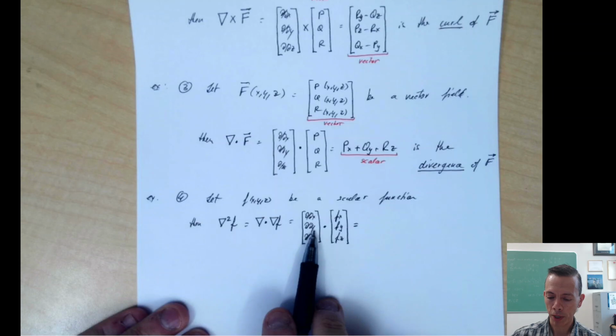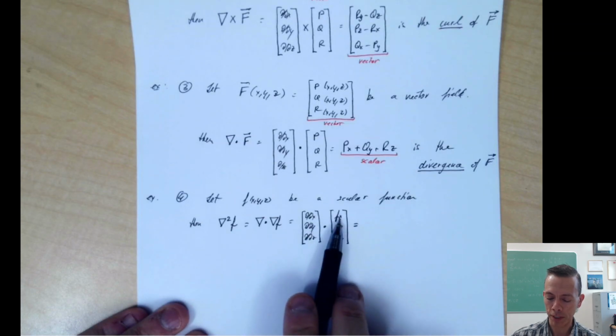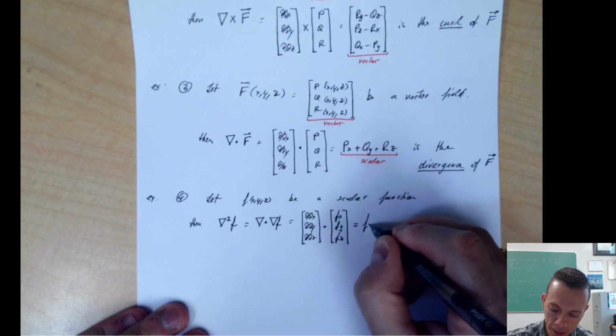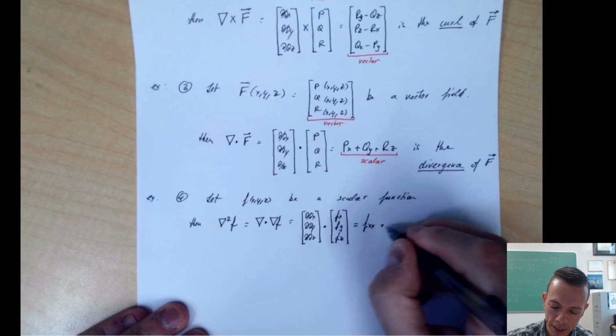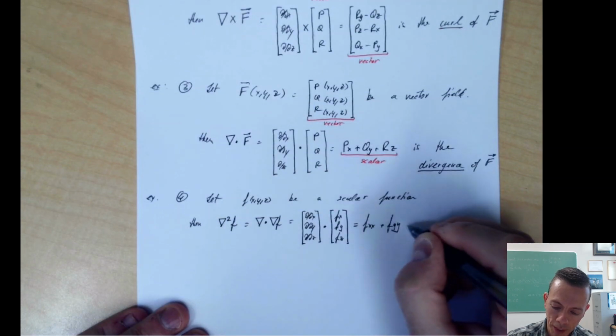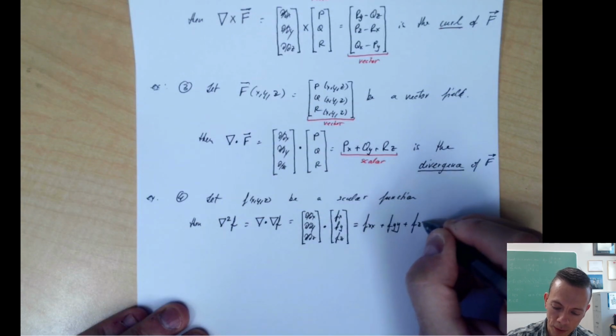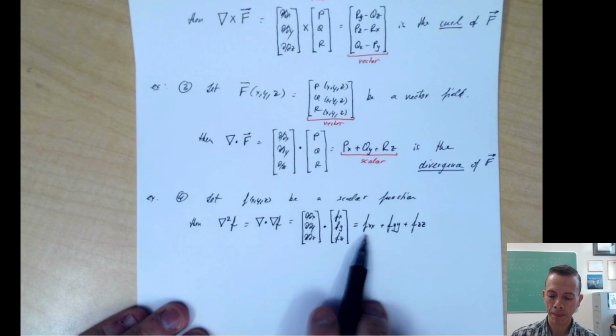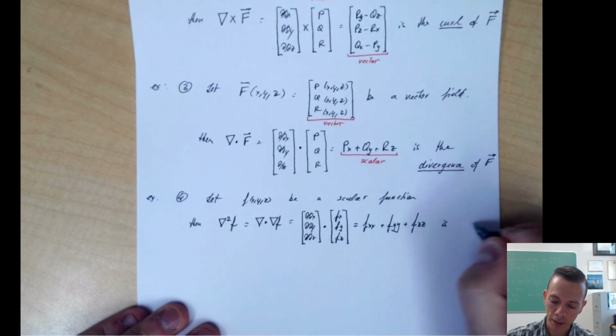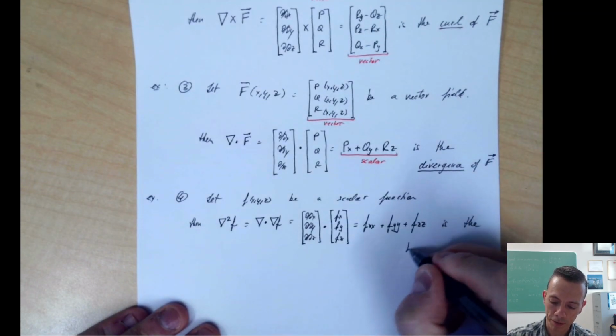When you do the dot product, this will become the second derivative of f with respect to x, plus the second with respect to y, plus the second with respect to z. And this quantity is called the Laplacian of f.